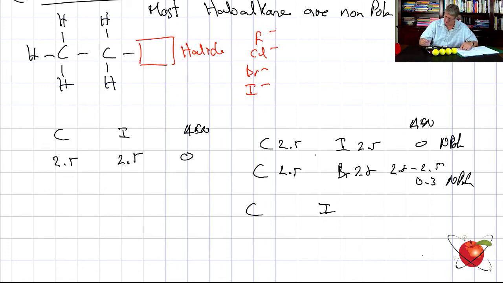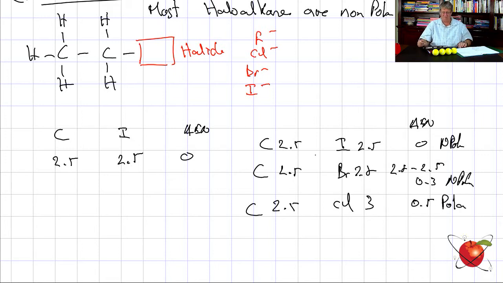Carbon, chlorine next. Carbon is 2.5, chlorine is going to be 3. So my delta electronegativity is going to be 0.5. Now you can start seeing that this is starting to become polar.